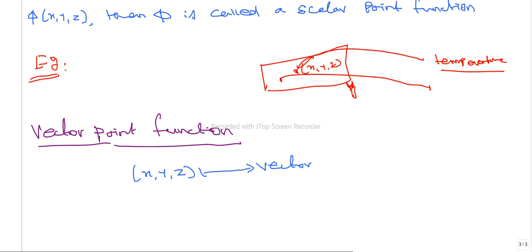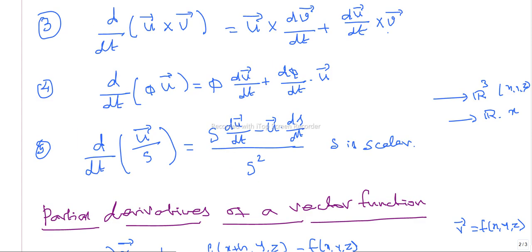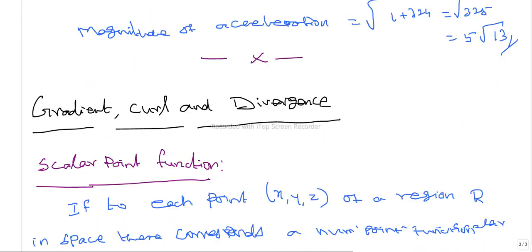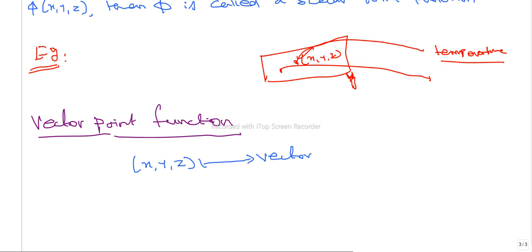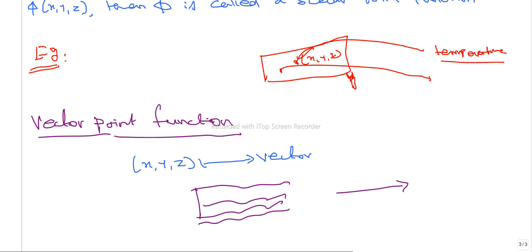So what is an example? Again, suppose some flow is moving, suppose some water is moving. If you take any point in this flow, you have to fix some point x, y, z.